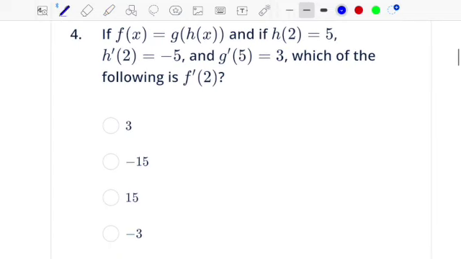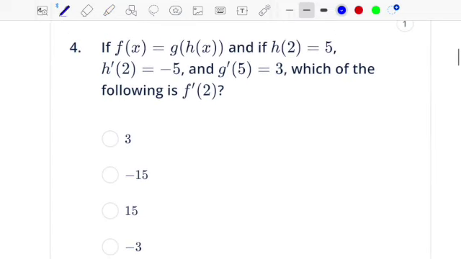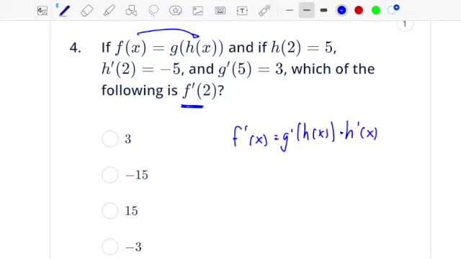All right, if f of x equals g of h of x, so chain rule is going to come in here. h of 2 is 5, h prime of 2 is negative 5, g of 5 is 3. All right, f prime, that's going to be chain rule. So f prime of x is going to be g prime of h of x multiplied by h prime of x.